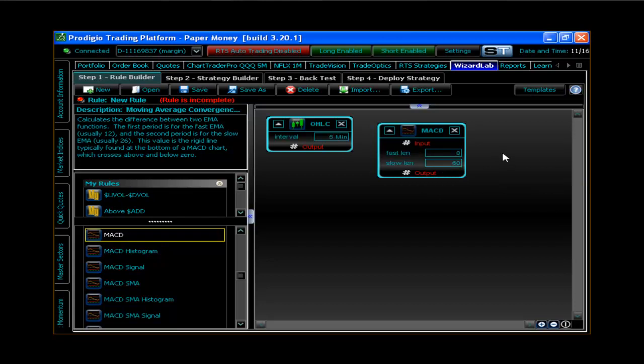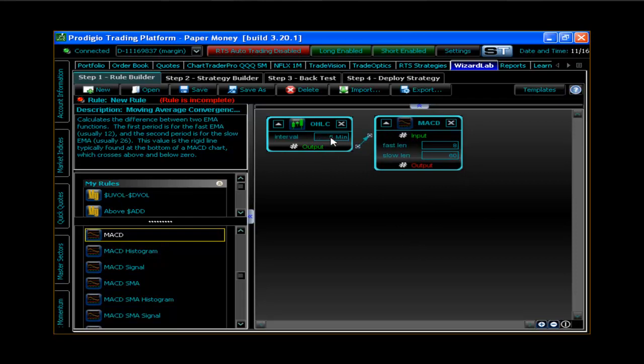That 9 is for the histogram and the signal line. We don't need that parameter in this case, so that's why it's not here in the MACD. The way that the rule builder in Wizard Lab works is I connect a series of outputs and inputs, and this instructs the system to calculate MACD values off of the 5-minute OHLC bars.